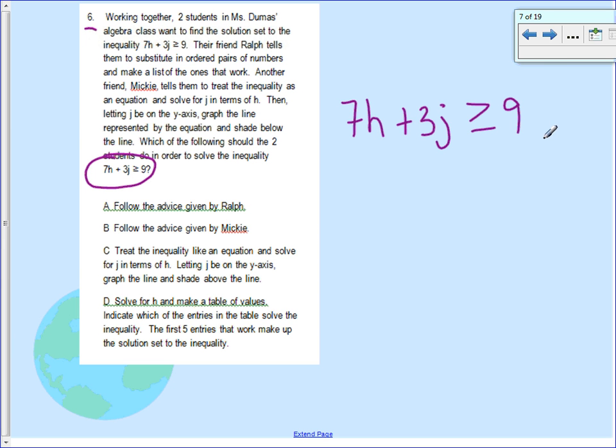First I have to solve for j. But it's not as in-depth as this answer choice. If I solve for j, I'm going to treat this like an equation.